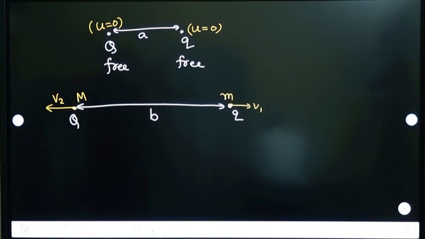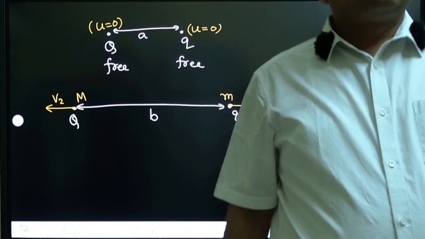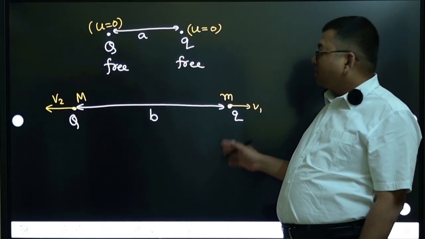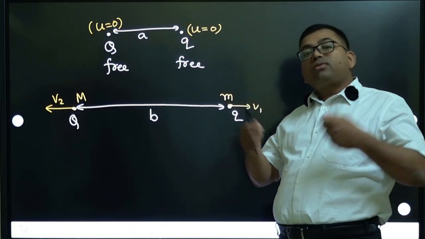Yeah, differentiation will come, but how it will come is different, because both the bodies are moving. So you have to study one body with respect to the other. You cannot study separately, because if you study separately, then how do you take distance?